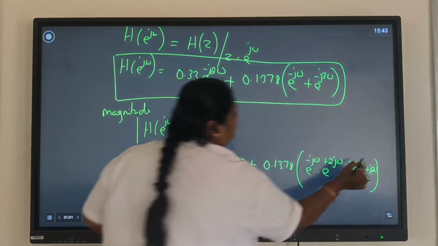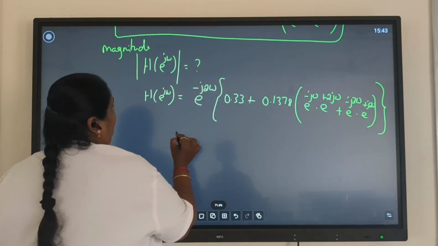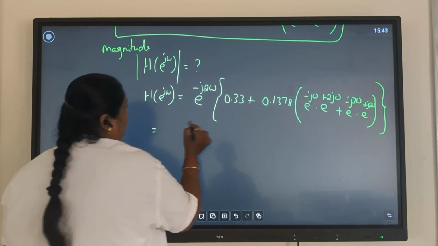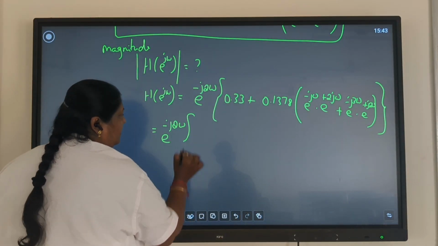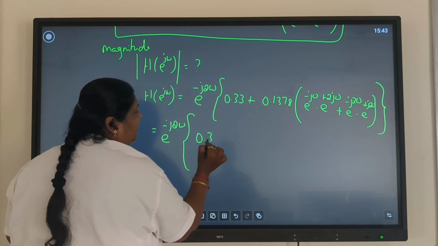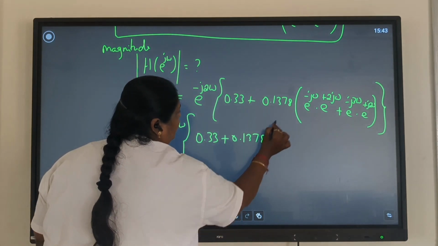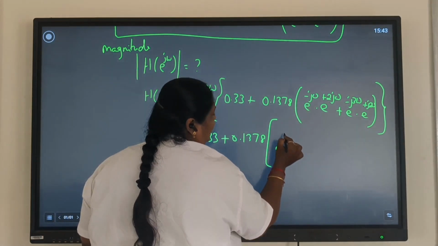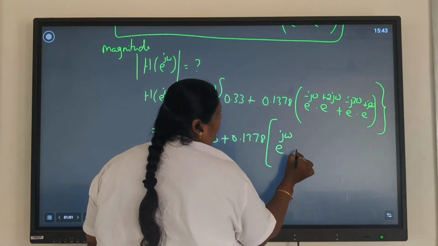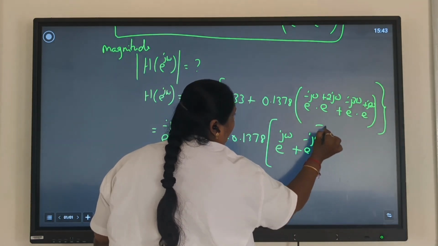That is equal to e power minus j 2 omega times the bracket 0.33 plus 0.1378 times, if I simplify the terms, e power j omega plus e power minus j omega.